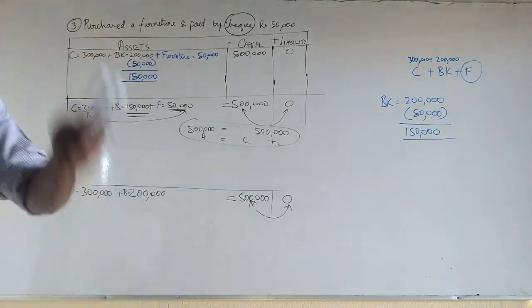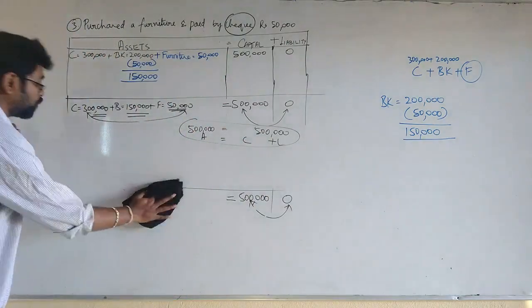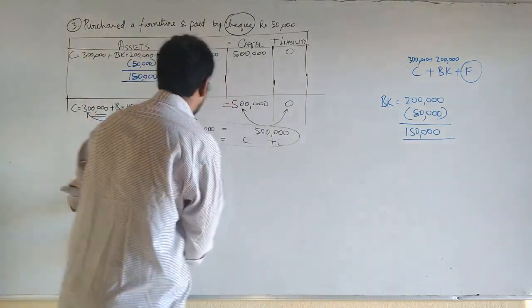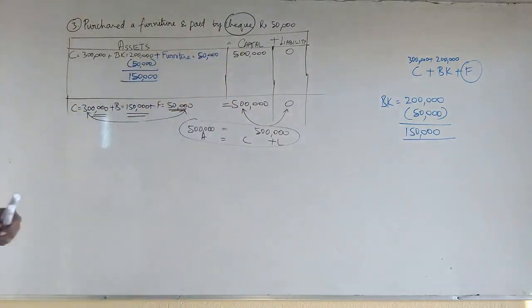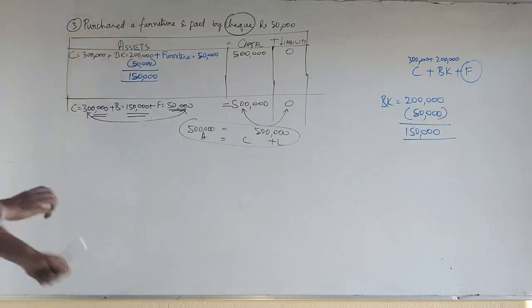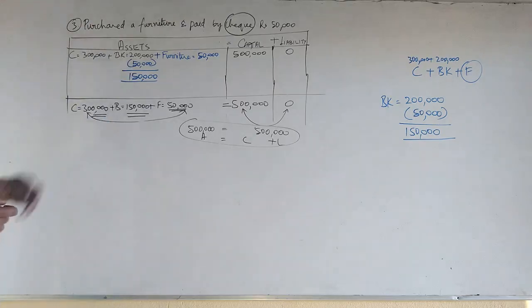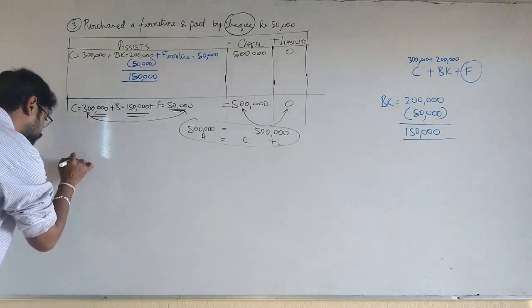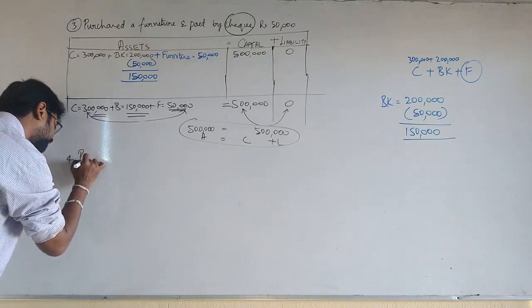Okay, so hope you understood this one. Now without wasting much time, we will also go to the fourth transaction. The fourth transaction says purchased goods on credit.